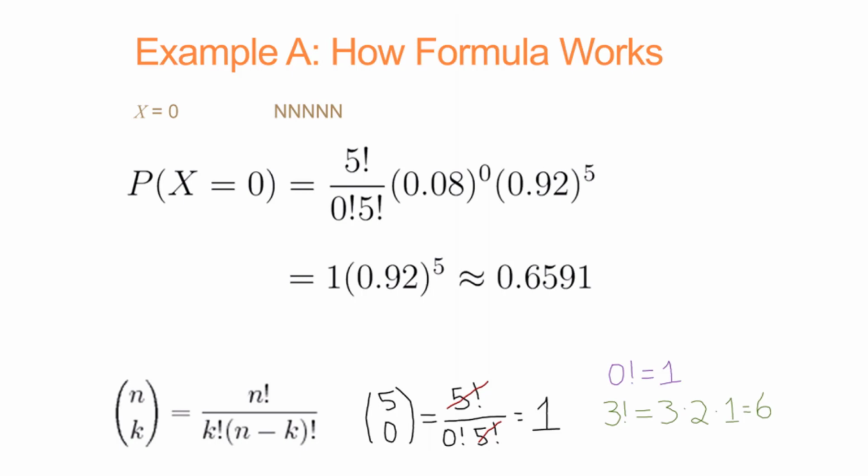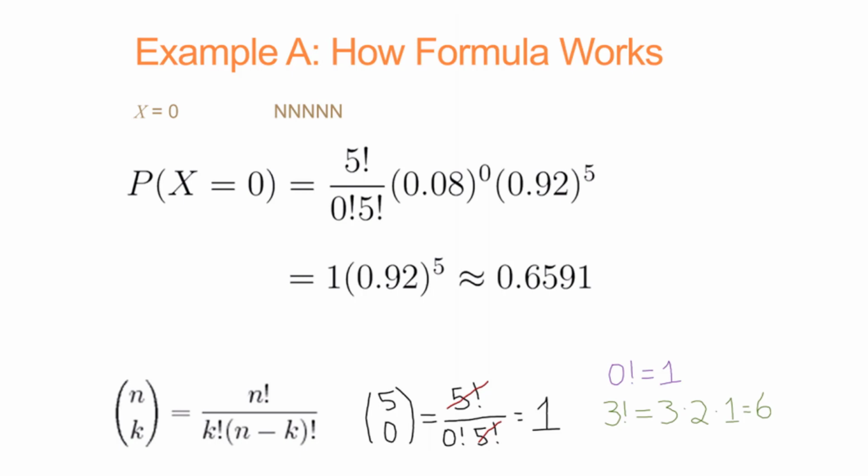So 5 factorial is 5 times 4 times 3 times 2 times 1. Here we don't need to calculate 5 factorial since there is one in the numerator and one in the denominator, which cancel to leave the result of 5 choose 0 equal to 1. In fact, n choose 0 is always equal to 1. There is only one way to get no successes in n trials, regardless of the value of n.